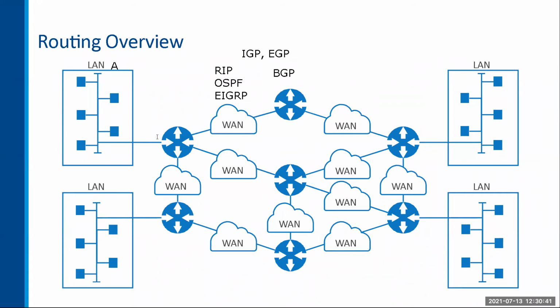It's autonomous because it belongs to you, and you get to make all the decisions in that particular space. So you make those decisions, and you share the information into other autonomous systems. And the complexity of this is found within the BGP protocol.